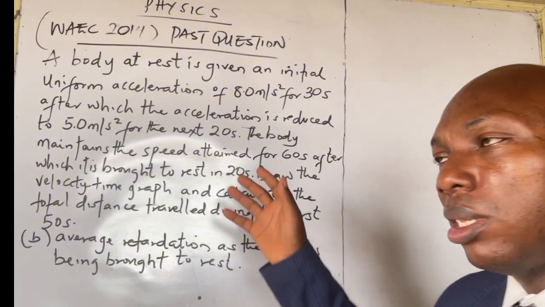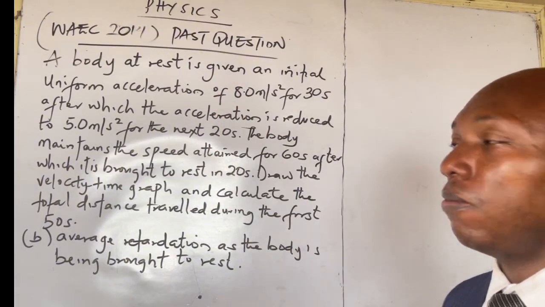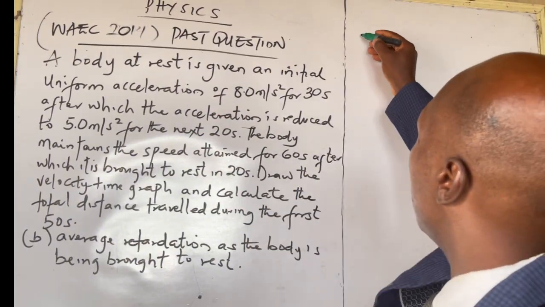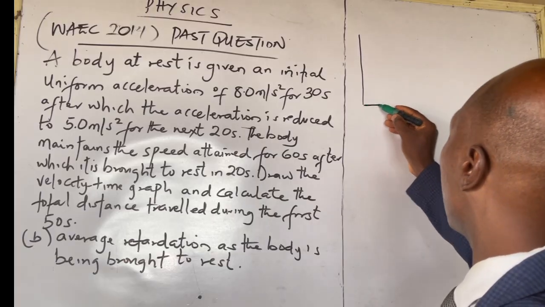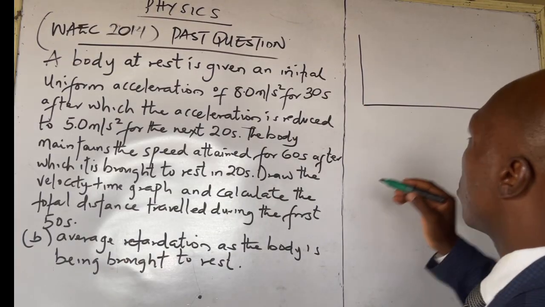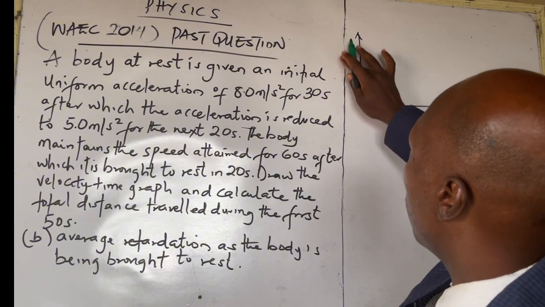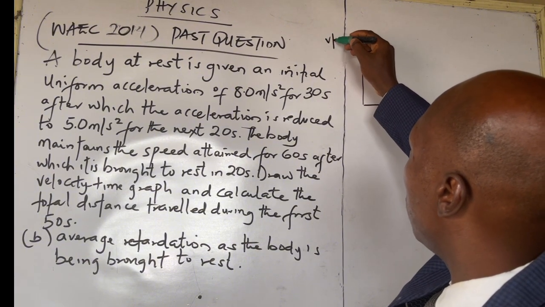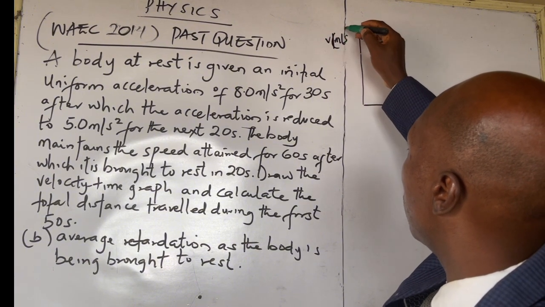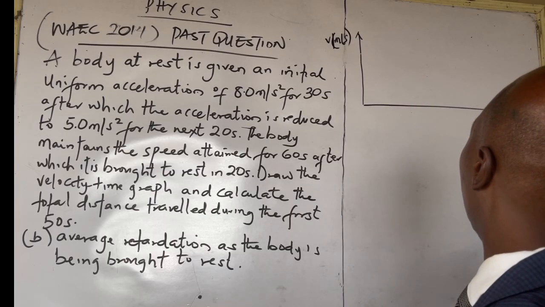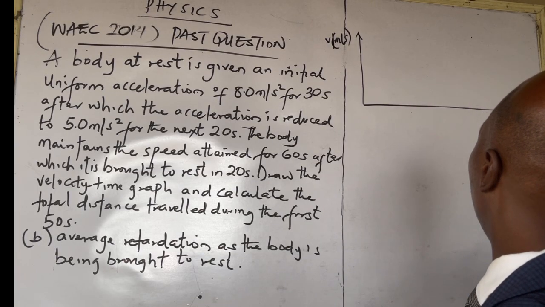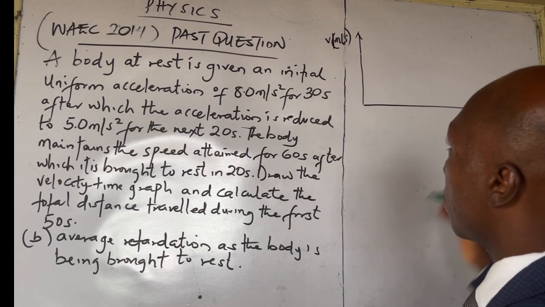So let's draw the velocity time graph of this body. This is velocity in meters per second, and this is our time in seconds.